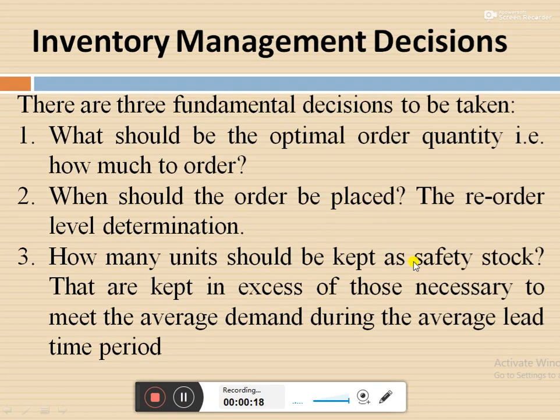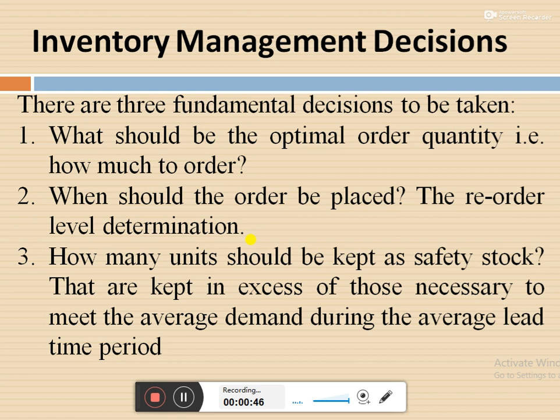As in the previous video, we have discussed the different decisions that need to be taken in inventory management. Basically there are three types of decisions. First, what should be the optimal order quantity, or how much to order. Second, when should the order be placed, or what should be the reorder point.